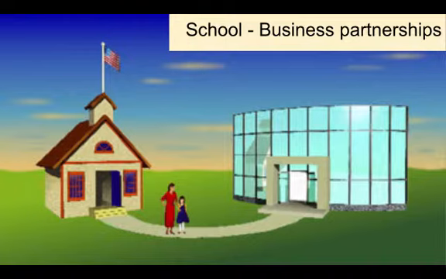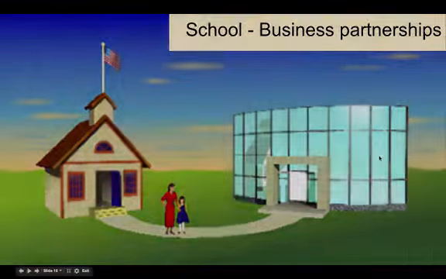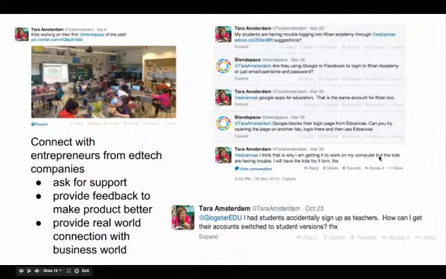So the last part that we're going to talk about in this section of the course is connecting schools and businesses and creating a partnership between the ed tech companies that you're using their software. There are tons of ed tech companies that are on Twitter, and Twitter is an excellent place to reach out for support. So you can see in this block right here, my students last year were having a hard time logging on to BlendSpace with their Google Apps for Education account.